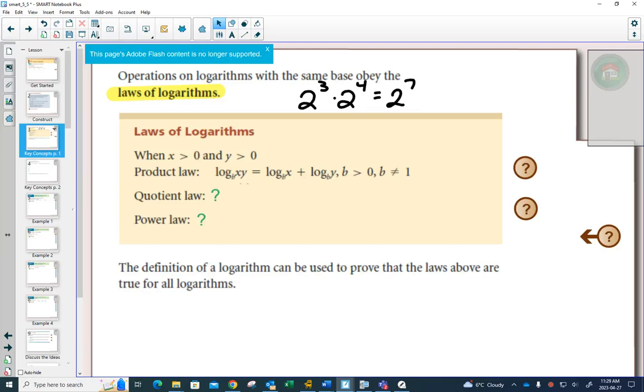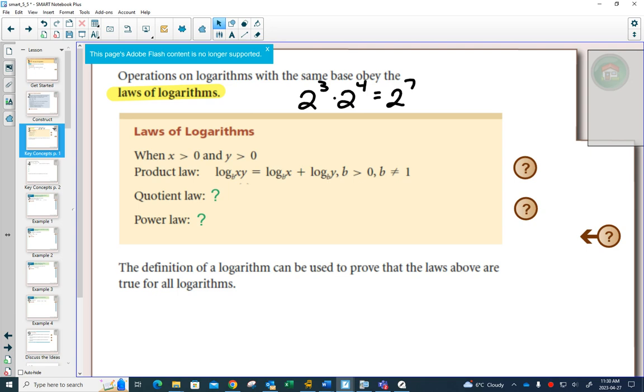Adding two logarithms with the same base is like multiplying them inside. And what we're going to do with our log laws is, just like an identity, sometimes you're going to have the left-hand side and want to write it as the right-hand side. And sometimes you have the right-hand side and are going to want to write it as the left-hand side. There's going to be a formula that you can switch back and forth between.